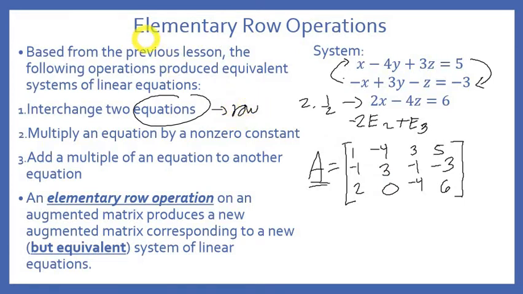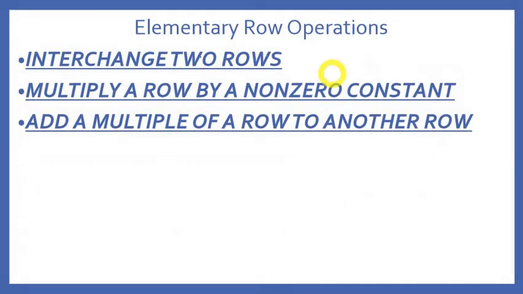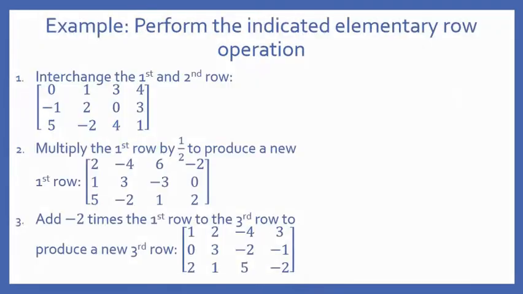So the elementary row operations are as follows. We interchange two rows, not anymore equations because we're using a matrix. We multiply a row by a non-zero constant and add a multiple of a row to another row. So instead of equations, we are going to use rows. So let us demonstrate the elementary row operations.